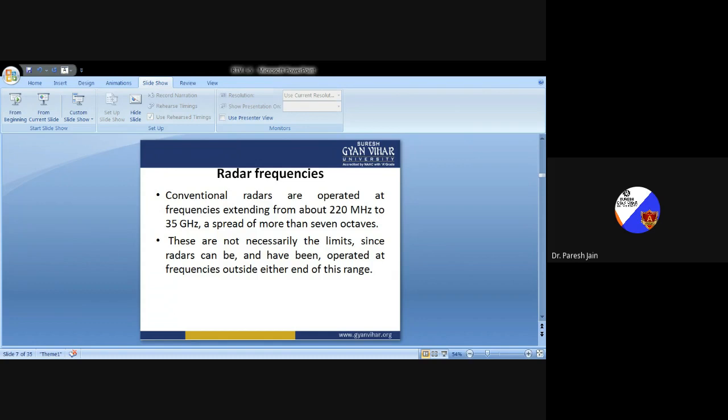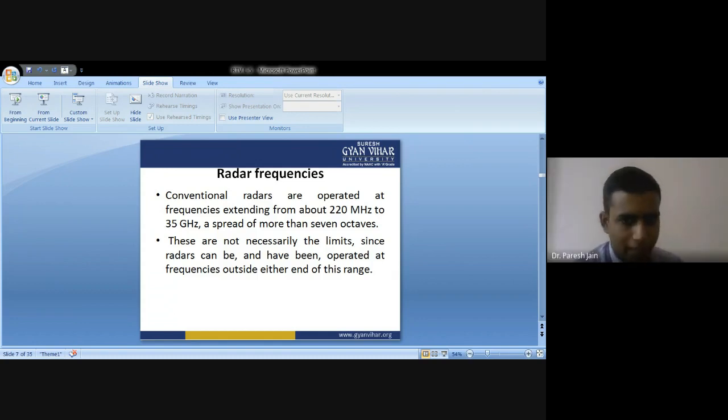The letter designations are the L, S, C, X, Ku and Ka bands in the window of the microwave region. The last band is the decimillimetric waves, that is band number 12, and it is also known as some millimeter waves.